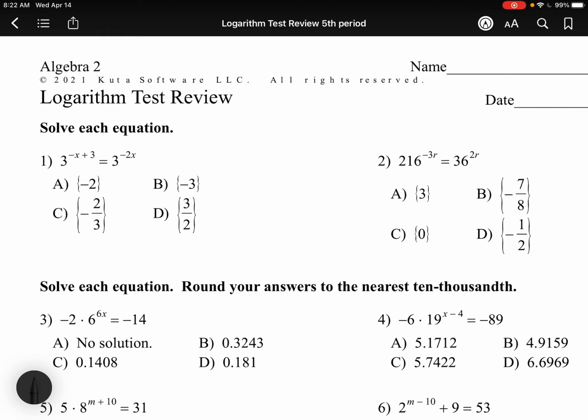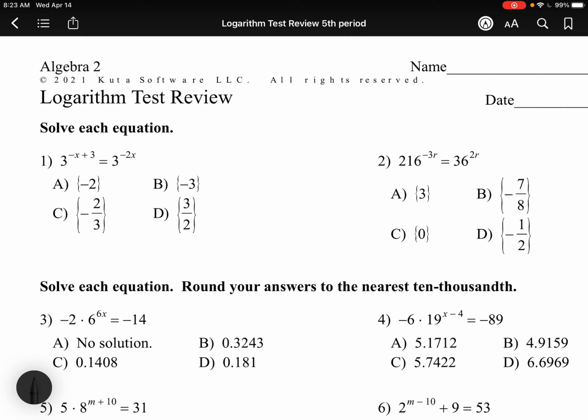However, if you do not have the same bases, you're going to look at your larger base and see if you can change it to match the smaller base using the exponent rules. The only exponent rule you have to know for this is the power rule of exponents.